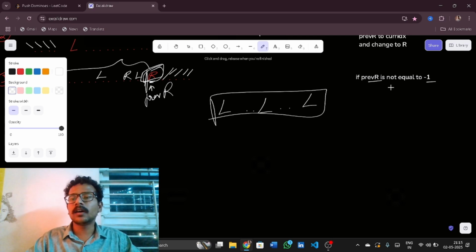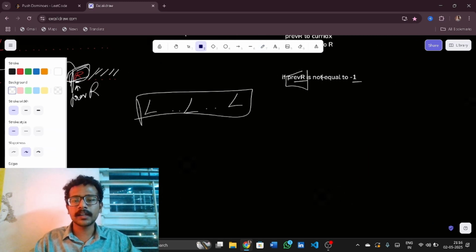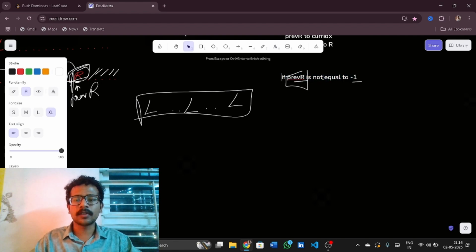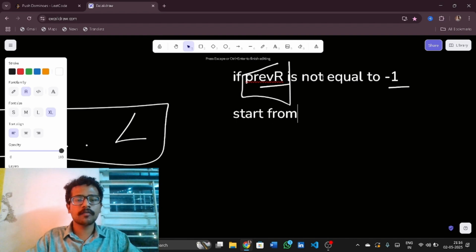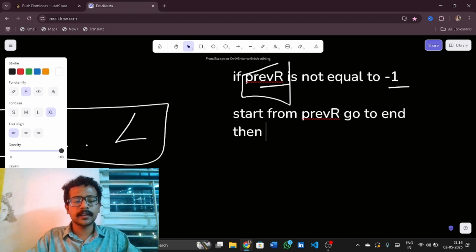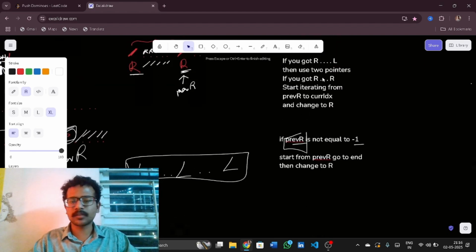So if I didn't check this previous R, I would simply make all this fall to the right. So that's the condition why I am checking previous R is not equal to minus 1. Then what I need to do? Start from previous R, go to end, then change to R. That's it. I think it's quite clear for you.